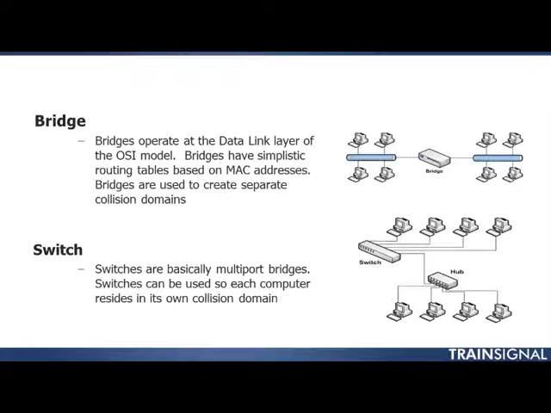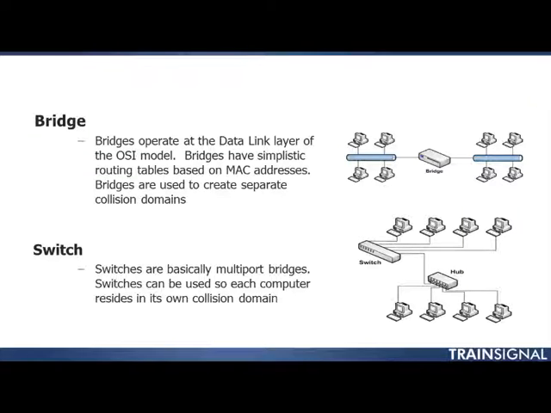So if we look at the computers on the left, one computer transmits, it goes out to all other systems that are connected on that network, including the bridge. What the bridge will do is the bridge will look to see if the MAC address of the destination computer is also on the left-hand side, which means it doesn't need to do anything with that data. It just kills it there.